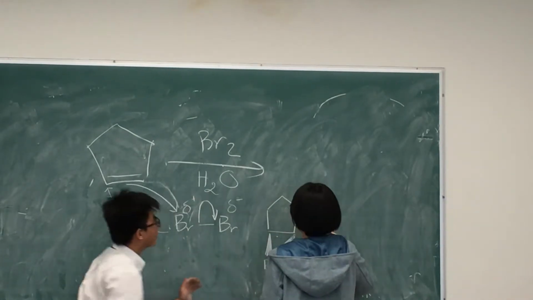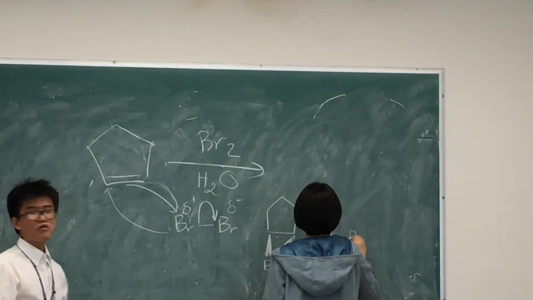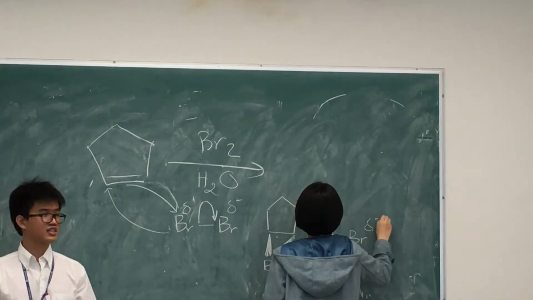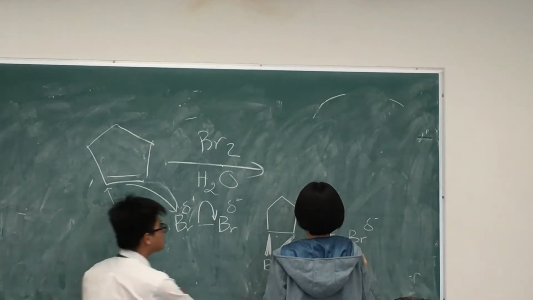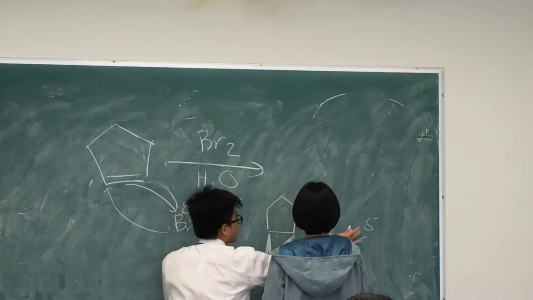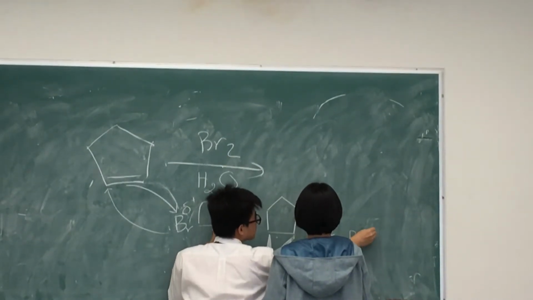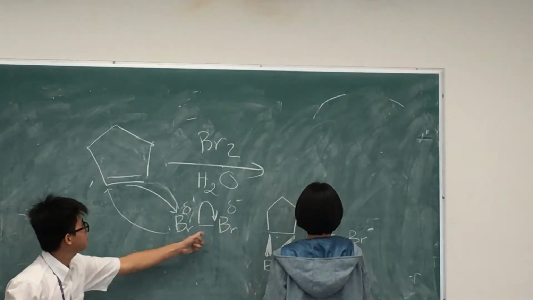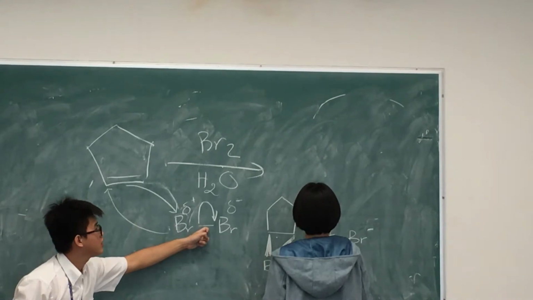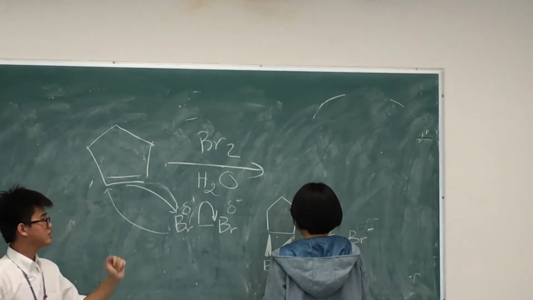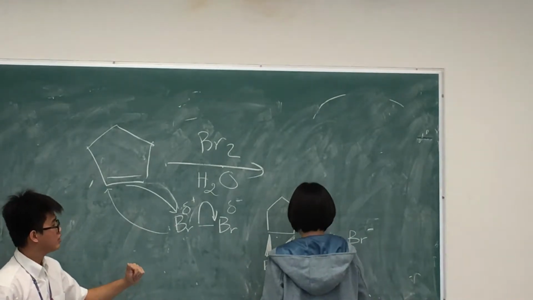And the other one we have Br minus. Okay, what next step, everyone? This one has become fully negative, right? Because it just received a whole pair of electrons. Good? Okay, you can go back to your seat now.